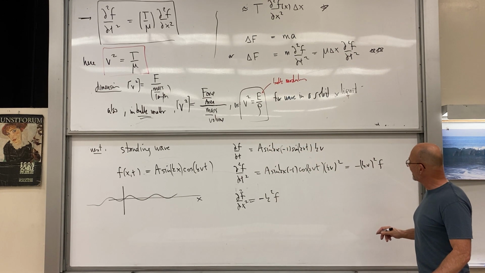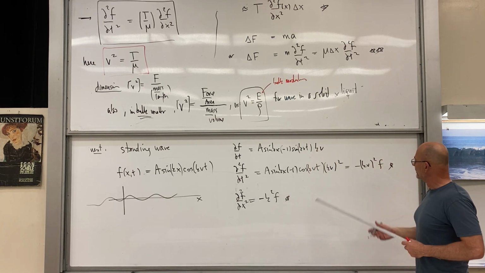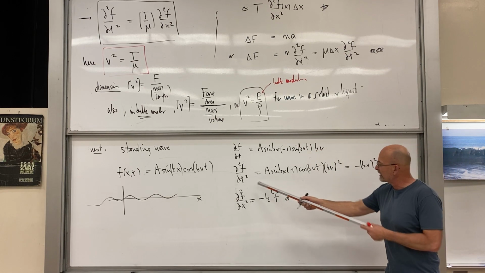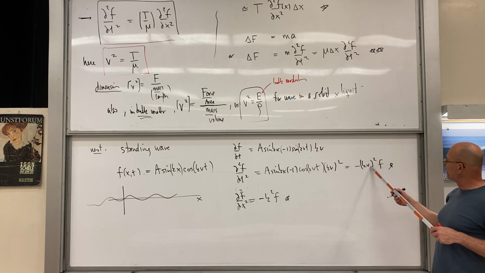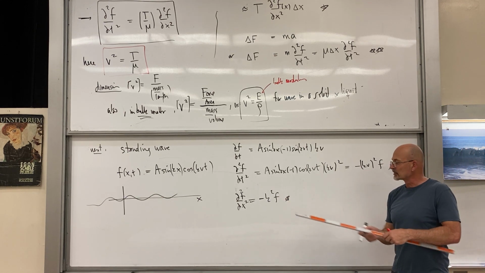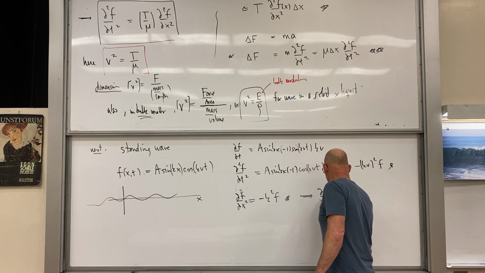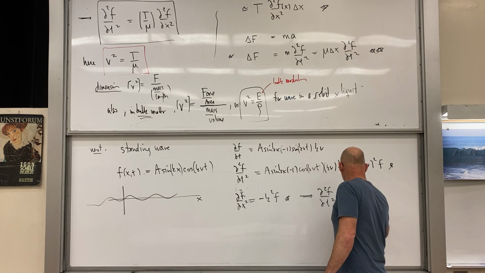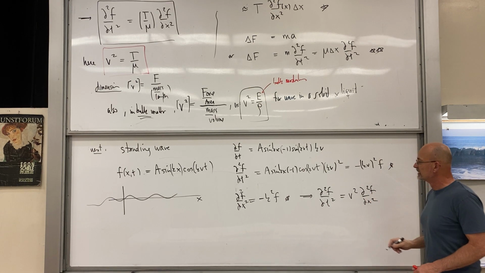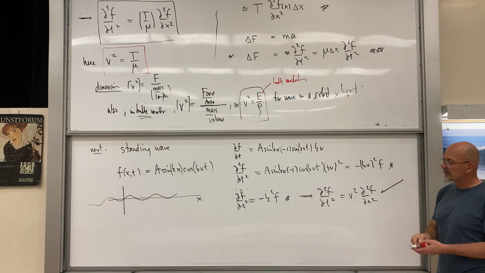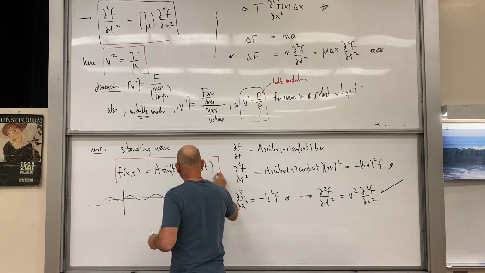And if we put these two together, we have d squared f dt squared is equal to v squared, that's what's missing here, d squared f dx squared. So d squared f dt squared is equal to v squared d squared f dx squared. So it satisfies the wave equation. So this is a solution to the wave equation.